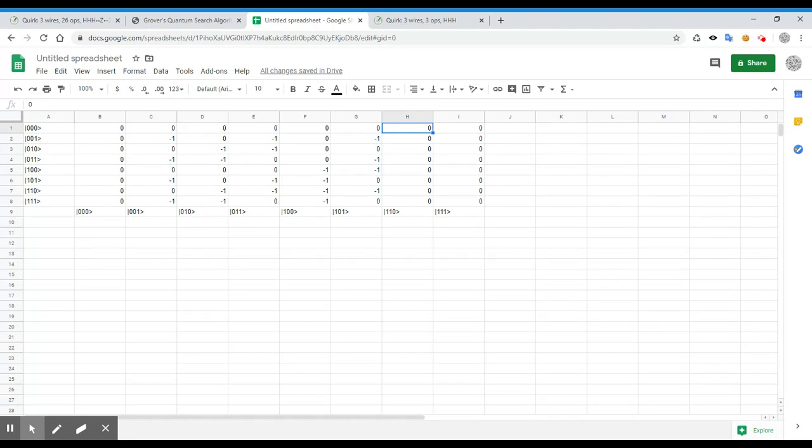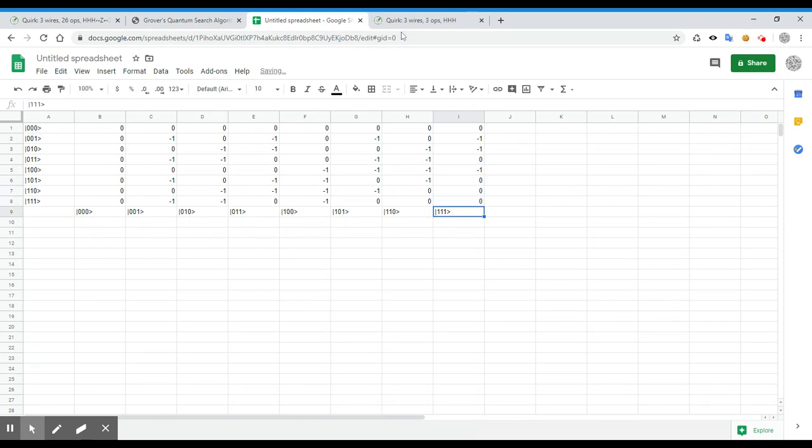So 1, 1, 0, that means here we got 1, here we got 1, here we got 1, here we got 1, here we got nothing, here also nothing, and then 1, 1, 1 is basically only going to be here, it's going to be here, and here, honestly, right?